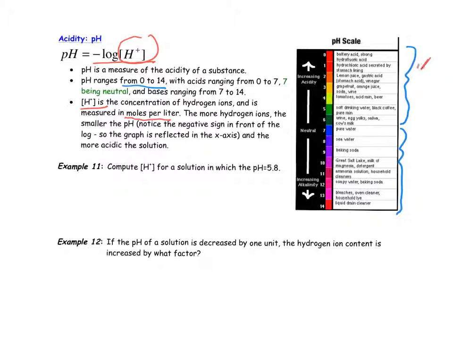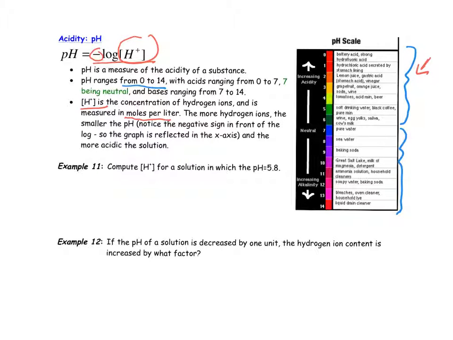It'll be more acidic up here. And notice that this graph or this function is reflected in the x-axis from the logarithmic function. So because of that, the more hydrogen ions, the smaller the pH, and the more acidic the solution.